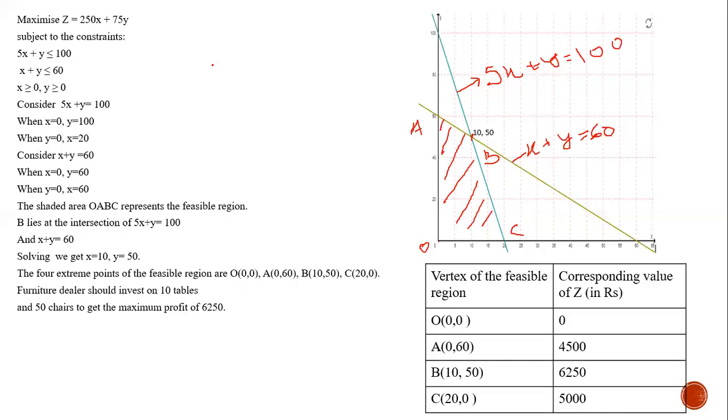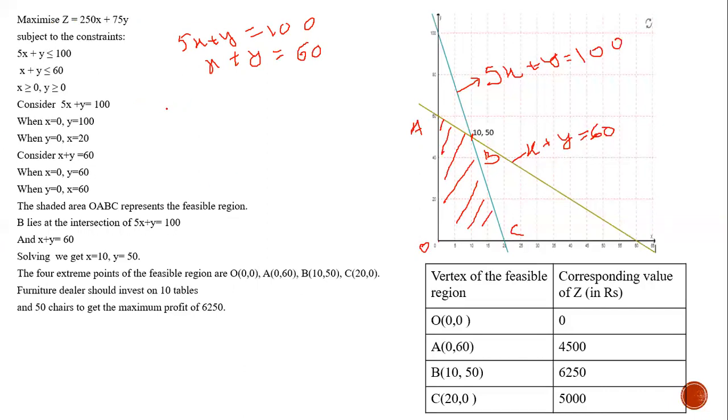But if you're not drawing on a graph sheet, you need to solve two equations. What are the two equations? B lies at the intersection of 5x + y = 100 and x + y = 60. So B lies at the intersection of these two lines.